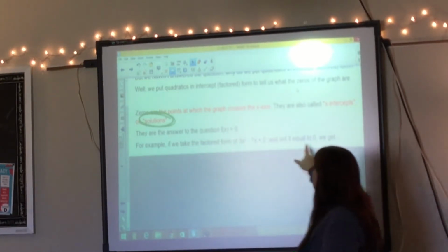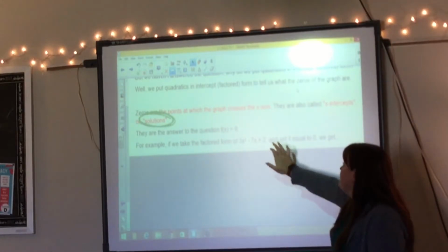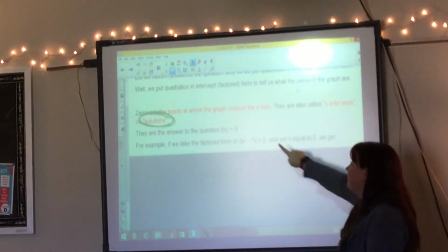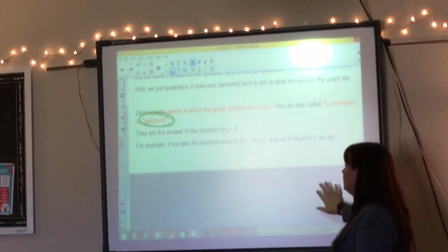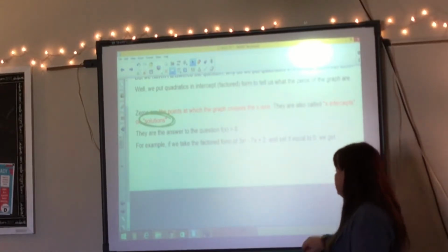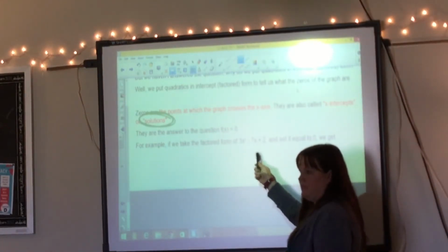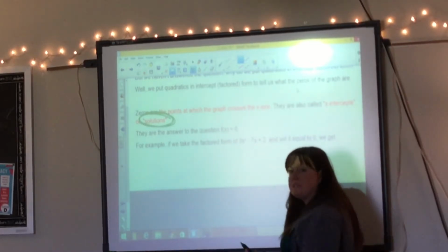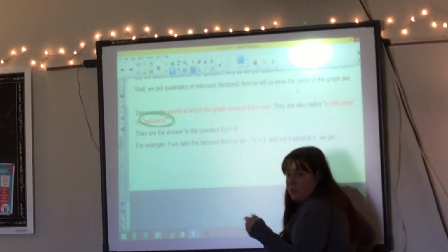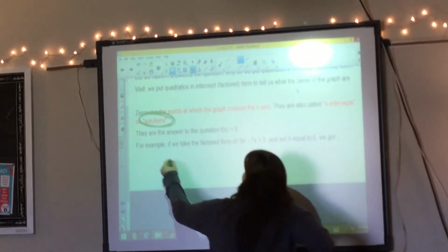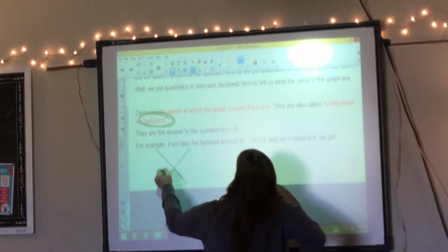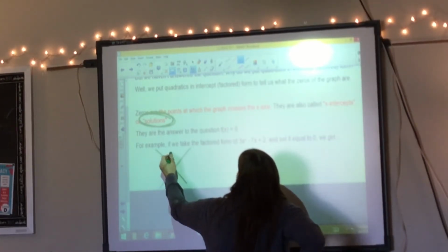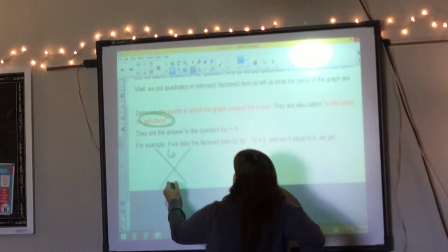So if we look at the factored form of this and we set it equal to 0, let's factor this quadratic first. This is one that we could graph from standard form. We could find the vertex and all of that. Let's factor it. We need a times c to be 6 and b to be -7.